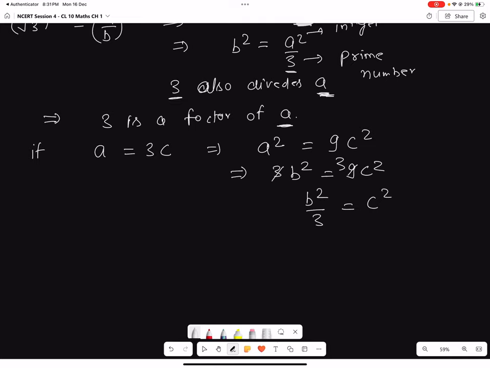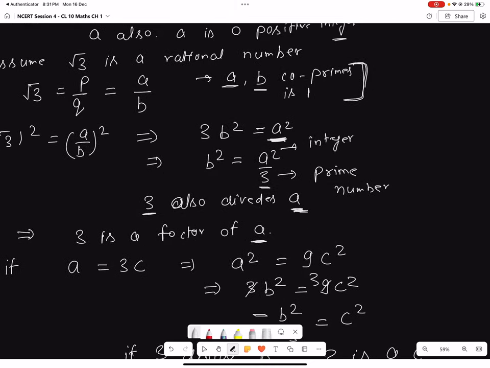Then that means, as per the theorem again, this being a prime number, this being an integer, 3 will divide B squared and also 3 will divide B. And if 3 divides B, that means 3 is a common factor of B. So what we have done here, we have proven that 3 is a common factor of A, and 3 is a common factor of B, and that contradicts our initial assumption.